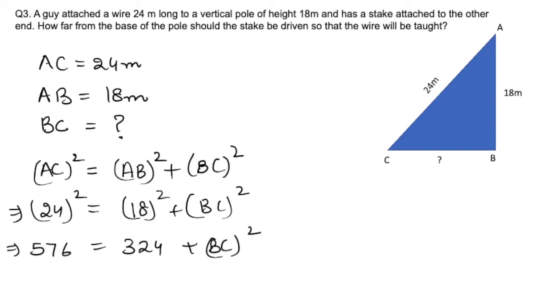So let's take 324 on the other side. From plus it will change to minus. So we can write BC square is equal to 576 minus 324. Or we can also write BC square as equal to 252. So now when you make prime factors for 252, let's see what do we get.